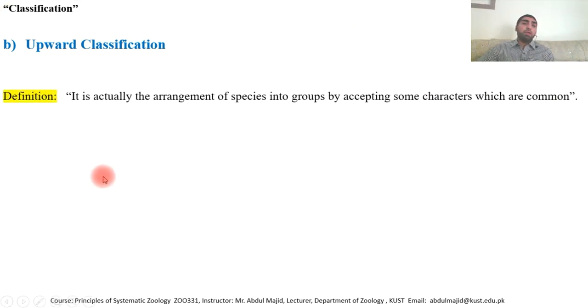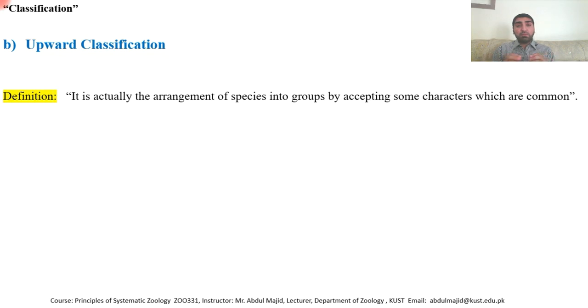So what is upward classification? By definition, it is the arrangement of species into groups. We start at the lower level, at the bottom, not from the higher level. We collect species, and then we study their characteristics.